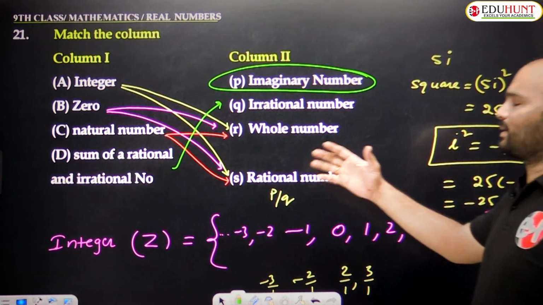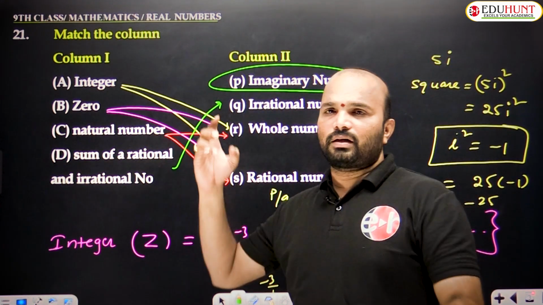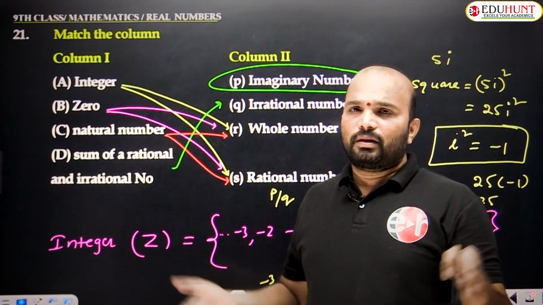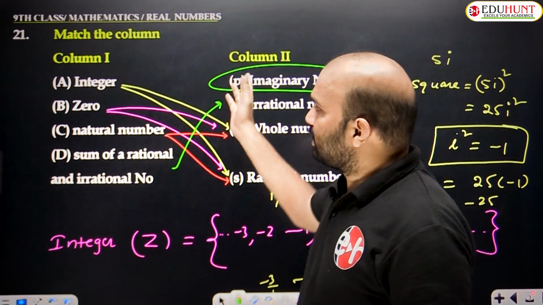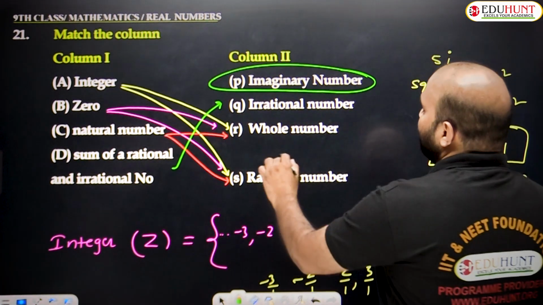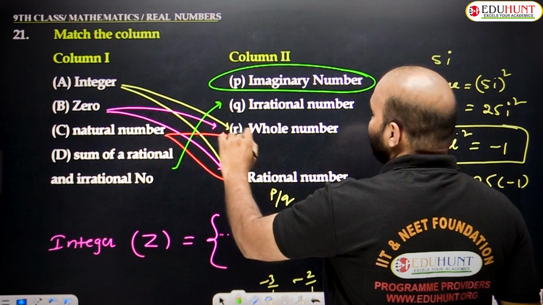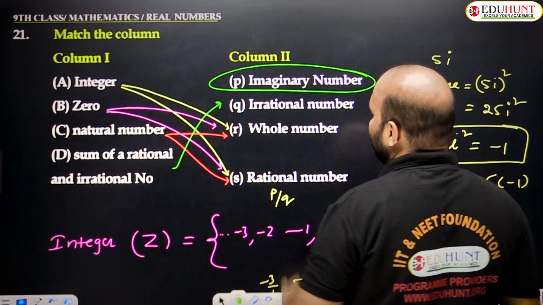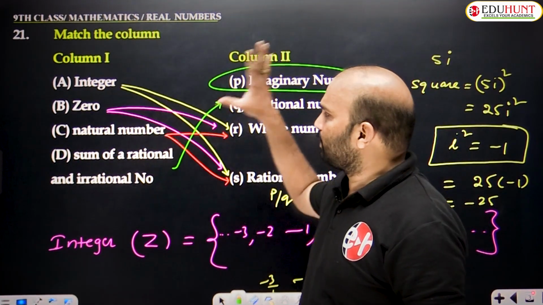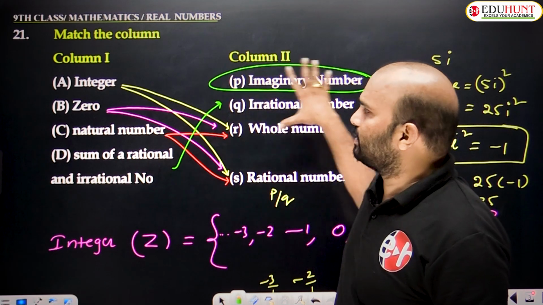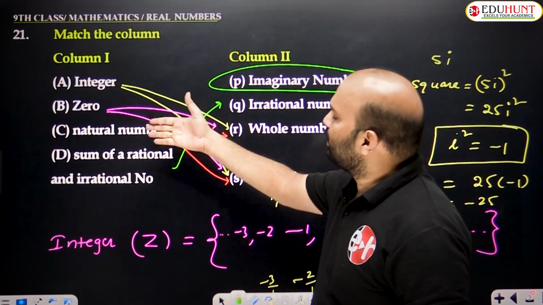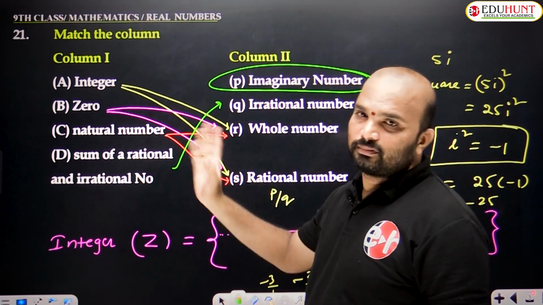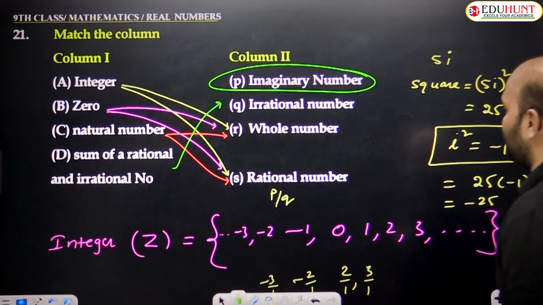I already explained that table in my first class: real numbers are of two types, rational and irrational. Everything in column 1 and column 2 is asked from that real number table. Am I clear?